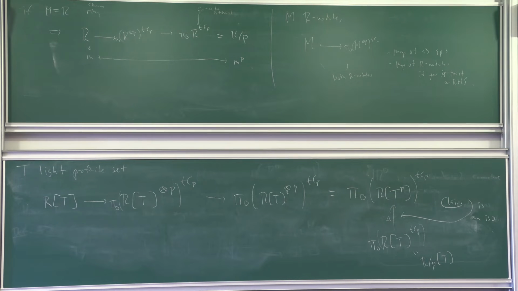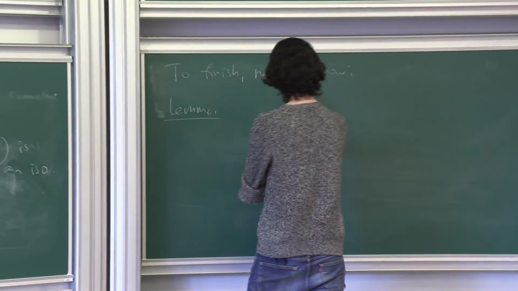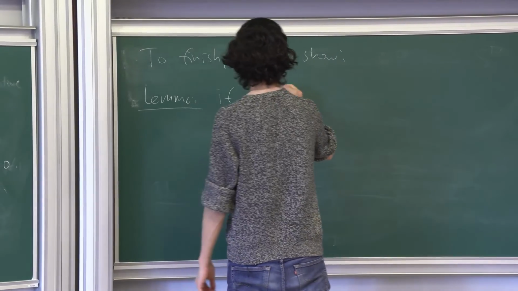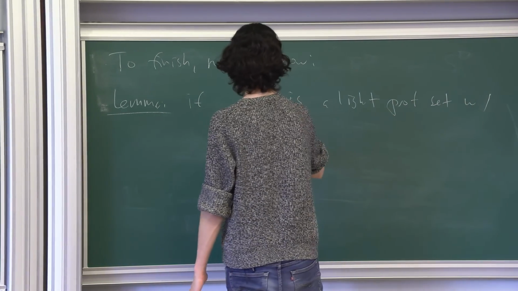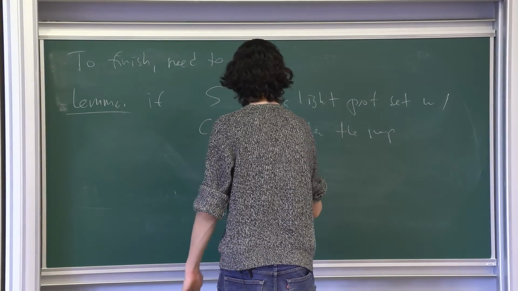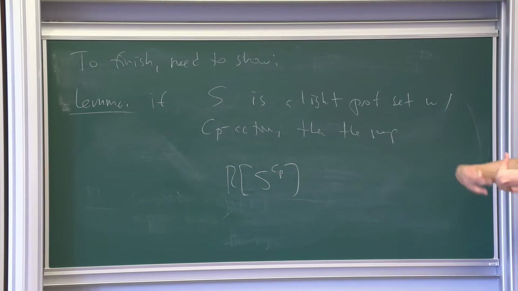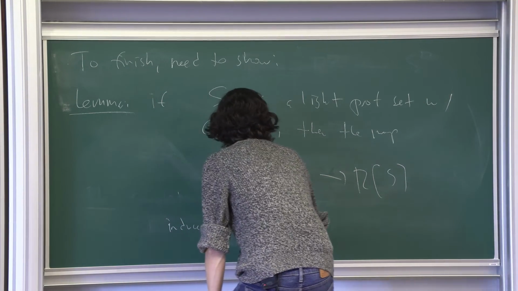So to finish, we need to show the lemma: if S is a light profinite set with CP action, then the map R bracket S, the CP fixed points, which is a closed subset of S, hence also a light profinite set, to R bracket S, induces an isomorphism on Tate cohomology.